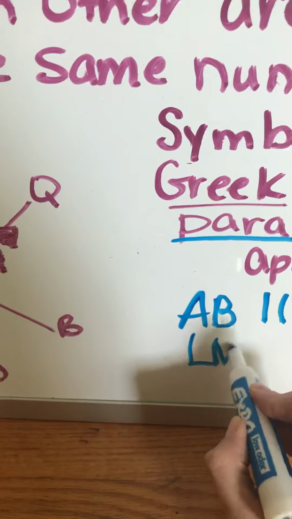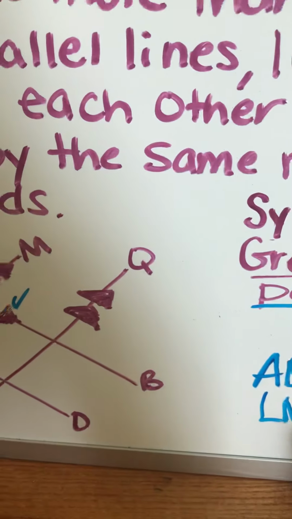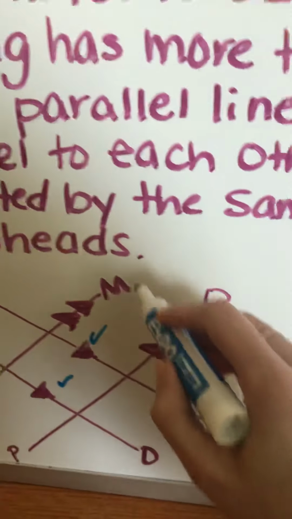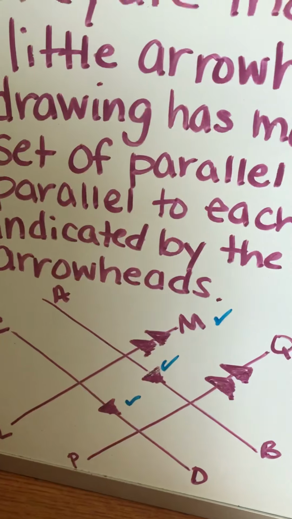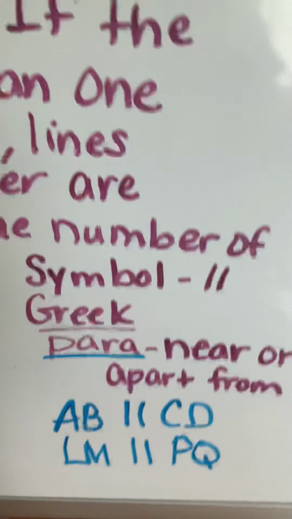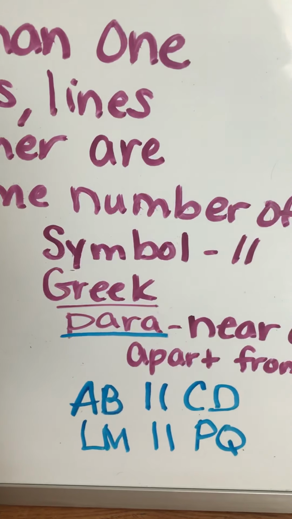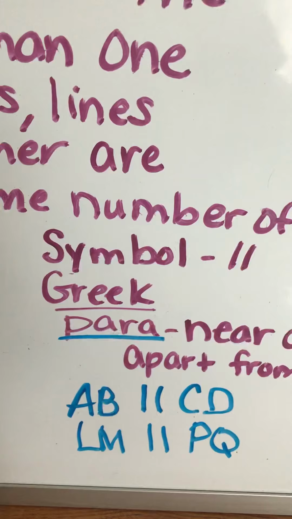So we have LM is parallel to PQ. And we can check that off. And we can tell there's no other ones that are parallel to each other, so we can go to the next example. And this is how you would write it. AB is parallel to CD. LM is parallel to PQ.